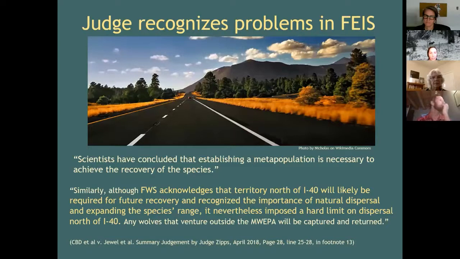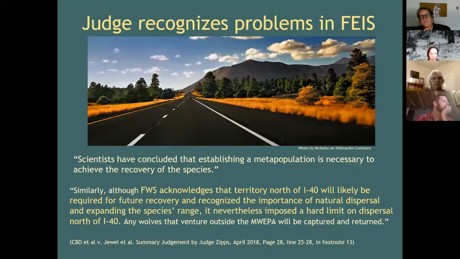So she also just further pointed out that this wasn't a matter of differences in opinion in the scientific literature. This is something that scientists have concluded that establishing a metapopulation, which comprises of those three core populations, at least in the US, is necessary to achieve recovery of the species.